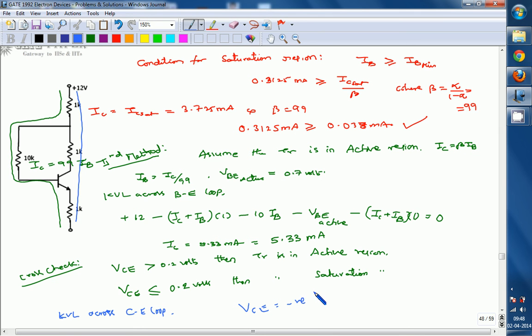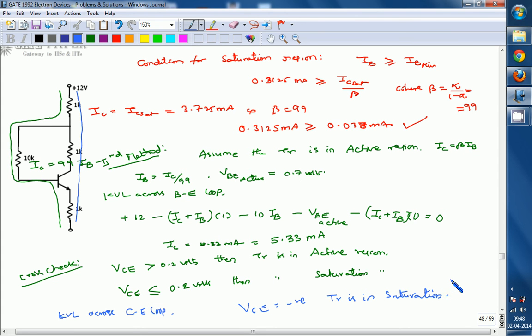Negative implies nothing but the transistor is in saturation region, it is not in active region. So you cannot make the assumption as active, because the active region condition fails. So the transistor is in saturation region only.